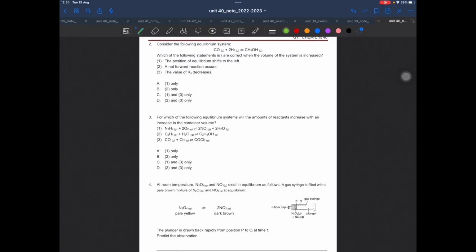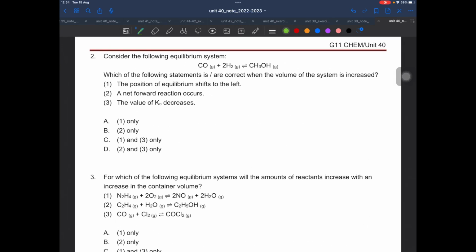Alright, chat point again. So please pause the video, okay, and we will finish the job. Volume increase, that is pressure drop.